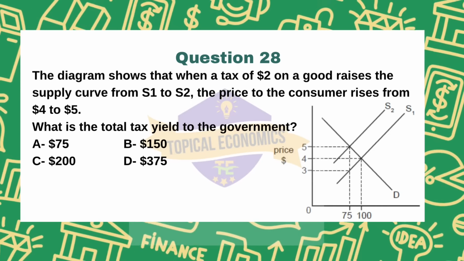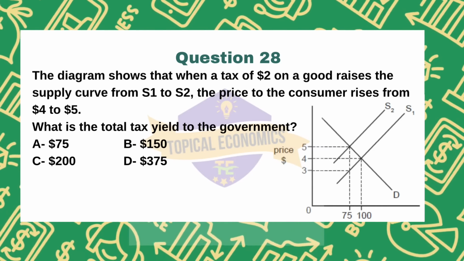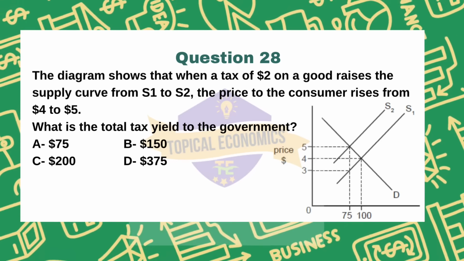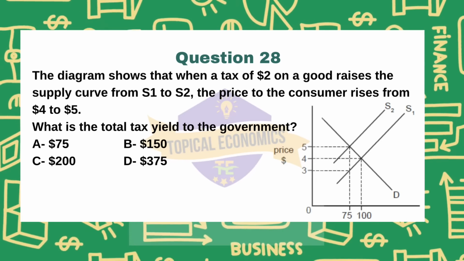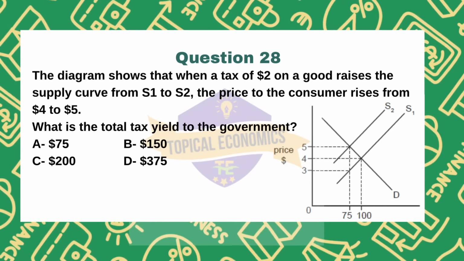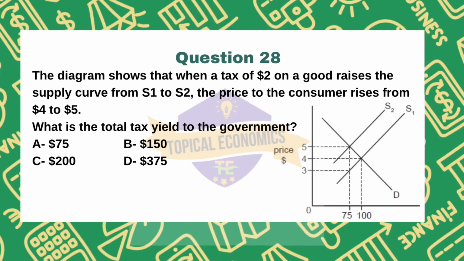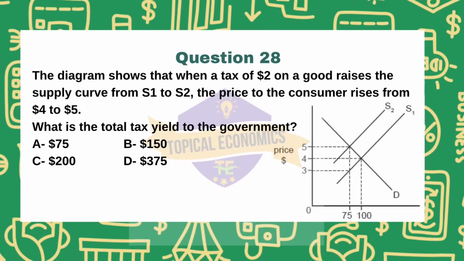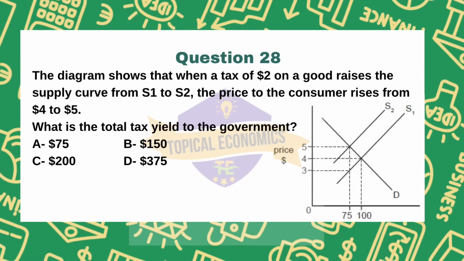Moving to question 28. The diagram shows that when a tax of $2 on a good raises the supply curve from S1 to S2, the price to the consumer rises from $4 to $5. What is the total tax yield to the government? A. $75. B. $150. C. $200.